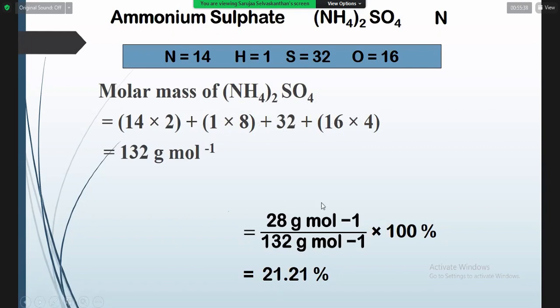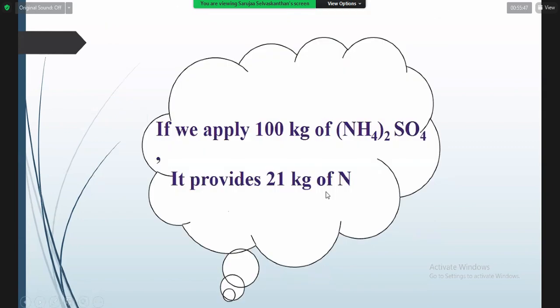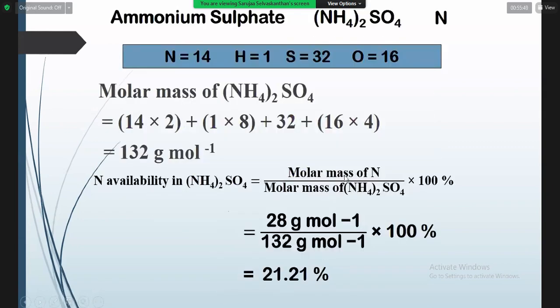Then 28 gram mole minus 1, you know the equation already. Nitrogen availability of ammonium sulfate: molar mass of nitrogen is 28 gram mole minus 1 and molar mass of ammonium sulfate is 132 gram mole minus 1, multiplied by 100%. It comes as 21.21%. Okay, this is the final answer.